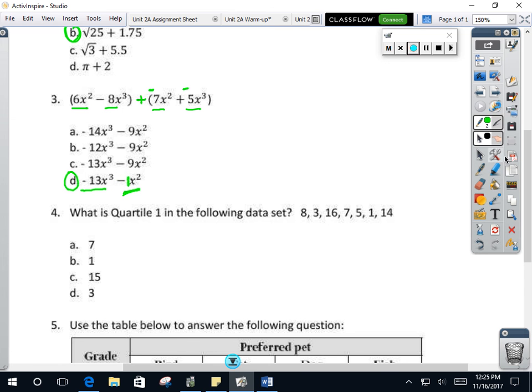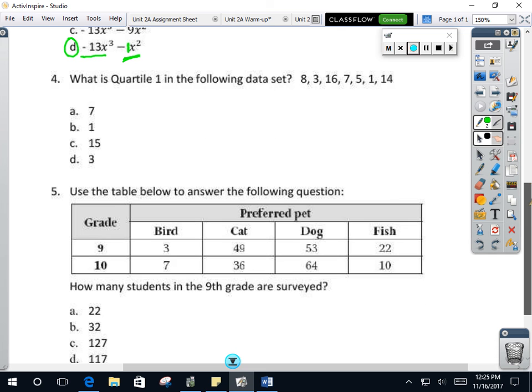Okay? Number 4. This is even older, so you're going to have to think back. What is quartile 1 in the following data set? Anybody remember how to start this? It is D, but why? Very good. However, you got lucky, Vanessa, and I'll show you why.